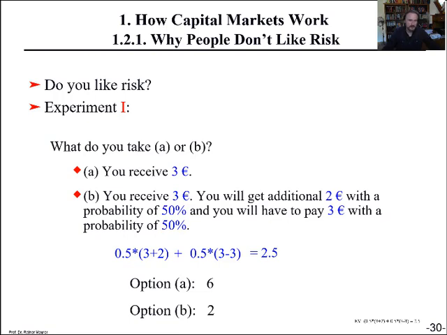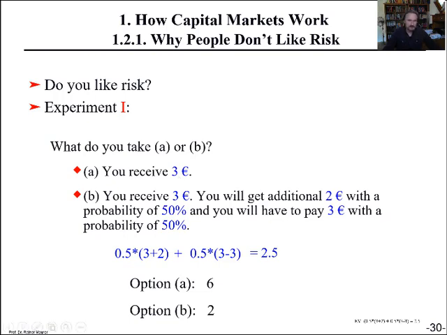You might argue that the expectation value of option A is larger than the expectation value of option B. What is the expectation value of option A? Well, it is 100% times €3, so it is equal to €3.